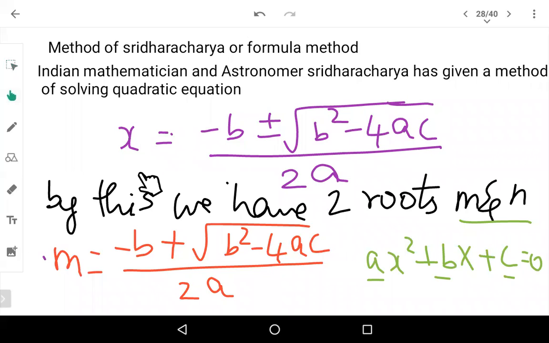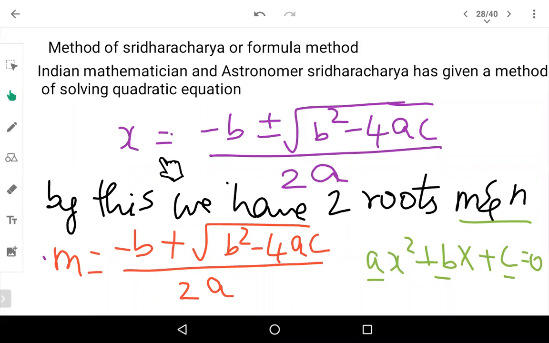So you have a formula, x is equal to minus b, no matter what is the value of b, you have to make it minus, plus or minus square root of b square minus 4ac whole divided by 2a. So this is the formula.